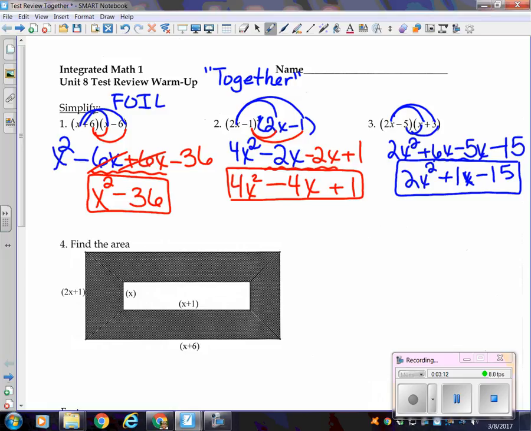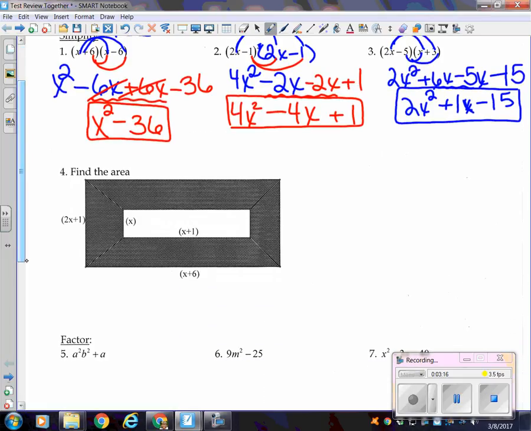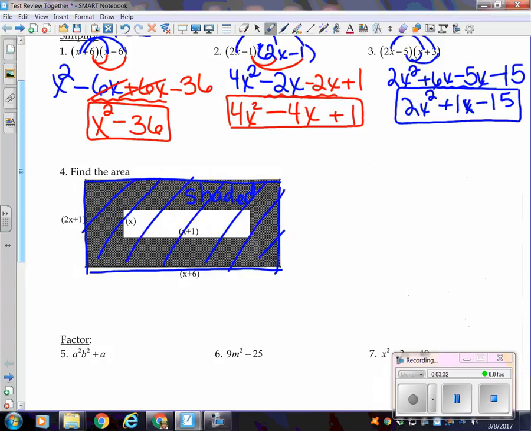Find the area. We've done these several times. These are not hard, but they do take some time. If I want to find the area of the shaded region, so this part is shaded, I'm going to have to find the total area of the whole big part. The whole big part would include everything.